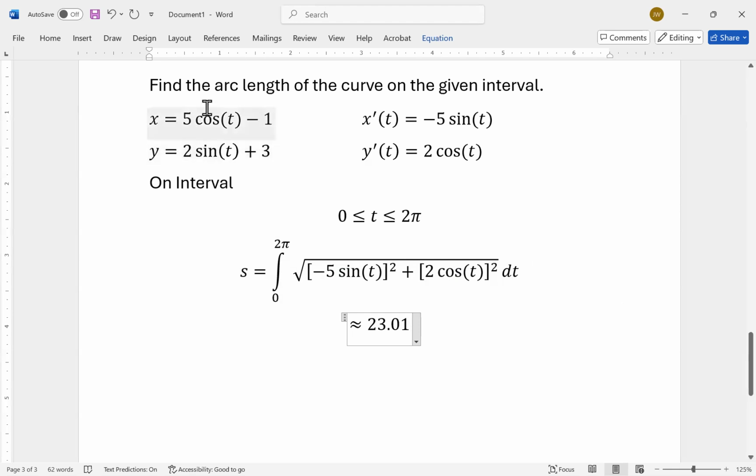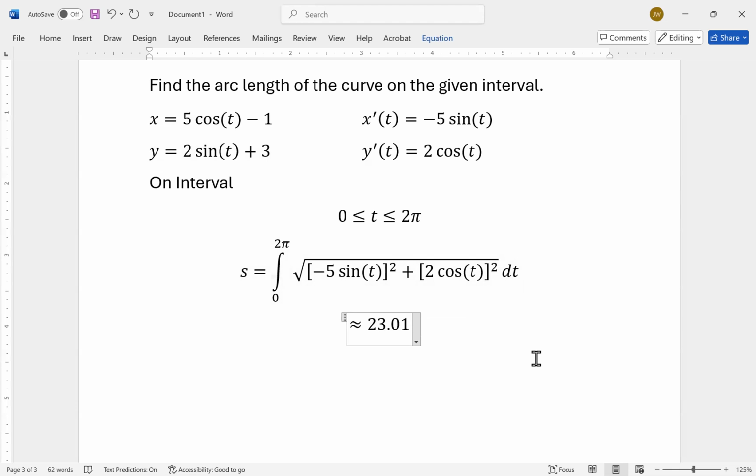Now remember, this curve was the curve for an ellipse. And if you go from 0 to 2 pi, that is one time around the ellipse. Therefore, this is the perimeter of the ellipse that we looked at earlier.